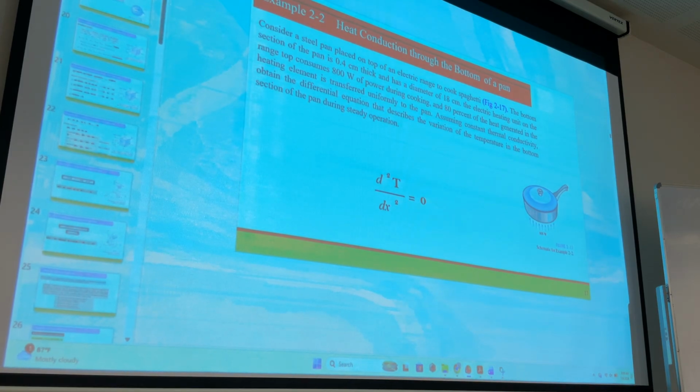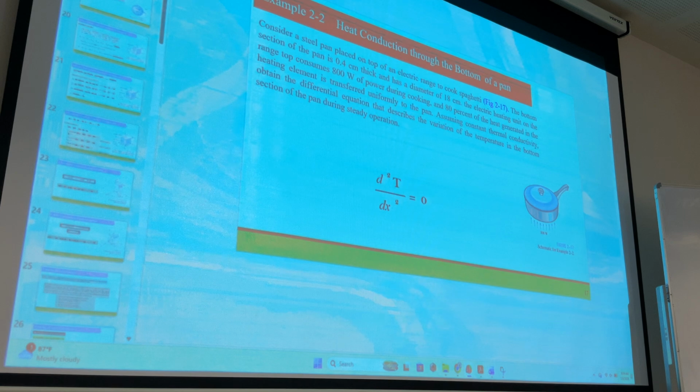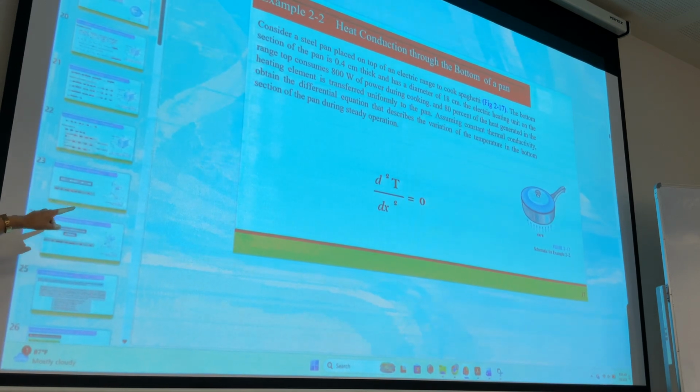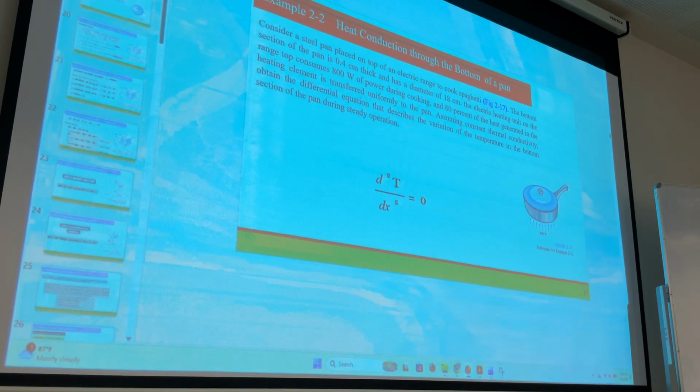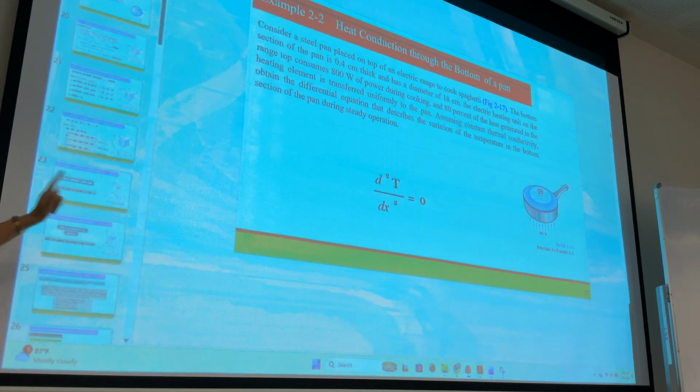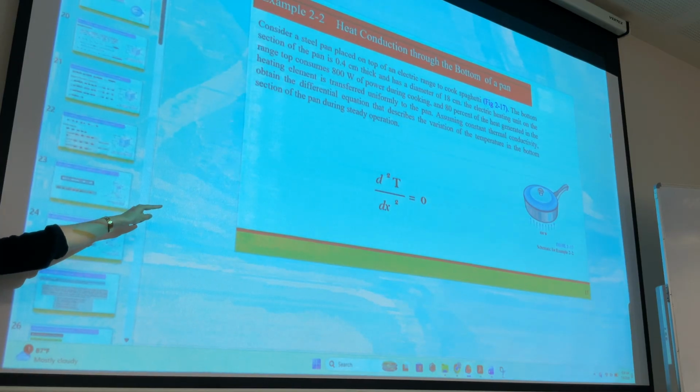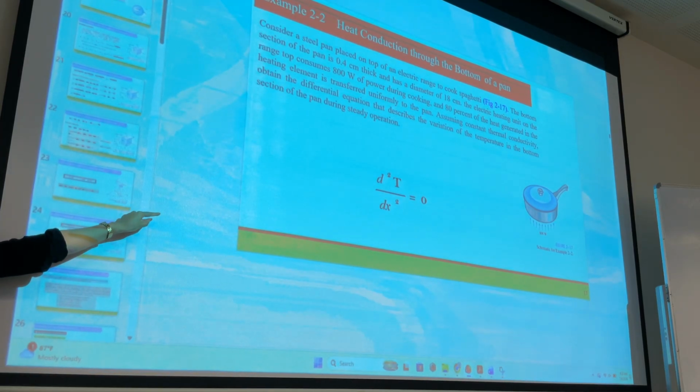Okay. So some of you had a question that why we are using. So this differential equation is for which shape? Plane, circular, or spherical? This differential equation is for what shape, what coordinate?